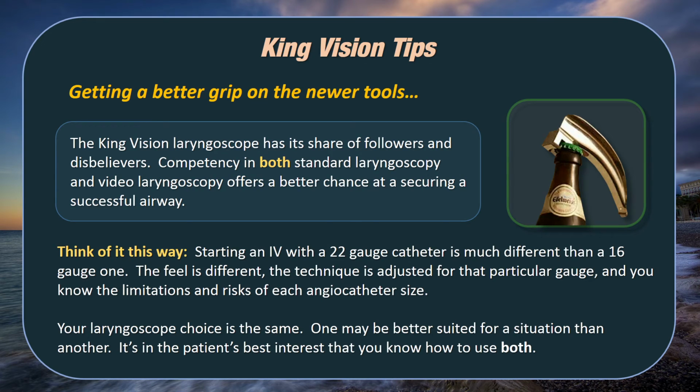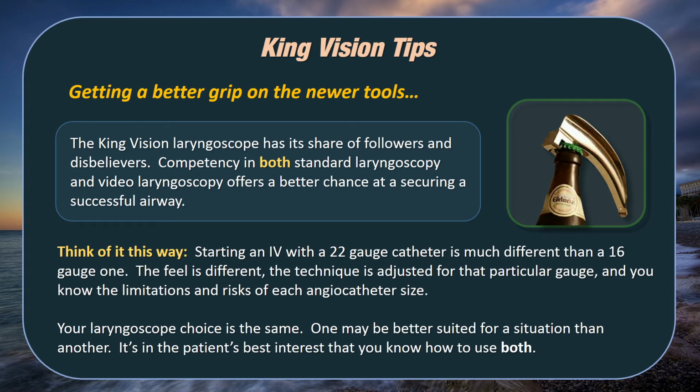So with us having the new King Vision, this is a new device for us that gives us an extra tool in our toolbox. We would like for everybody to be competent in both types, the traditional and the video system, the King Vision system. And what that does is just allows our toolbox to be opened even wider.